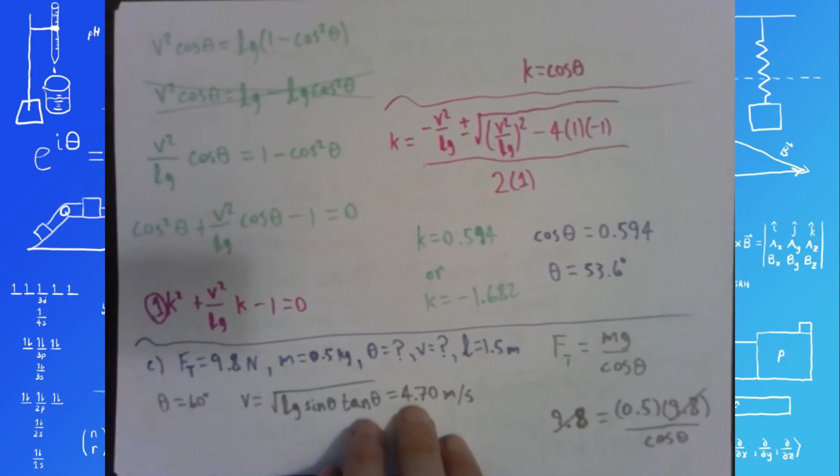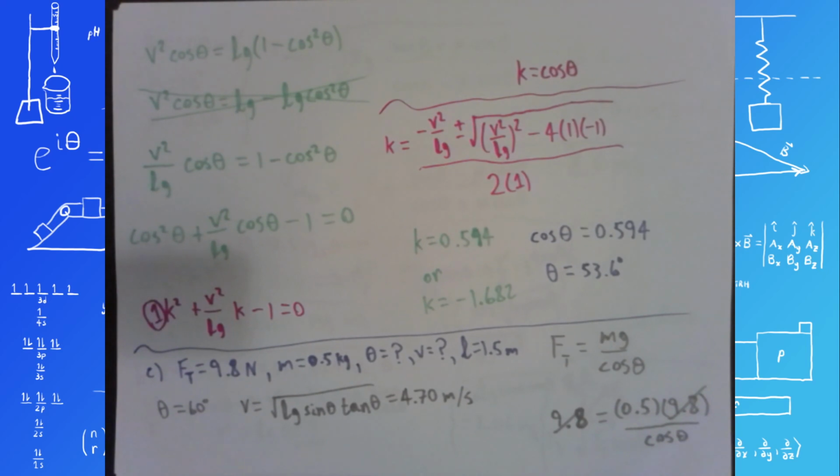If the previous parts had speeds greater than 4.7, then that would have indicated to me that either the string would have snapped in those first two scenarios, or the maximum tension that the string can withstand is actually higher than what they told us in part C. But fortunately, that wasn't the case for parts A or B, so we can still assume that the maximum tension of this string is still 9.8 newtons.